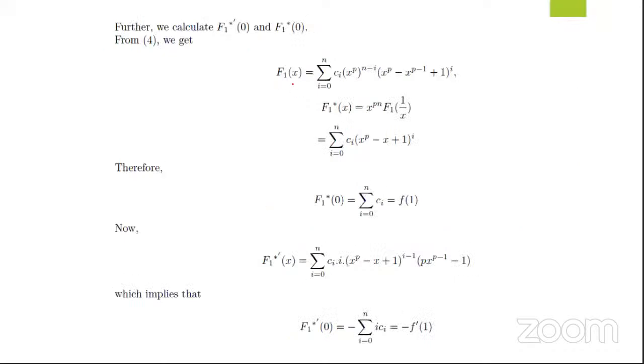We write f 1 of x from the statement. f 1 of x is equal to this polynomial, and then we find the reciprocal of this polynomial, which is f 1 star of x, which will be the summation of c i x raised to power p minus x plus 1 raised to power i. Then at 0, the value of f 1 star of x is f of 1. Similarly, we find f 1 star dash of 0 at point 0, which is minus f dash of 1.